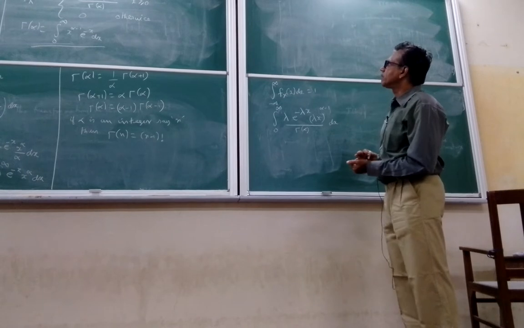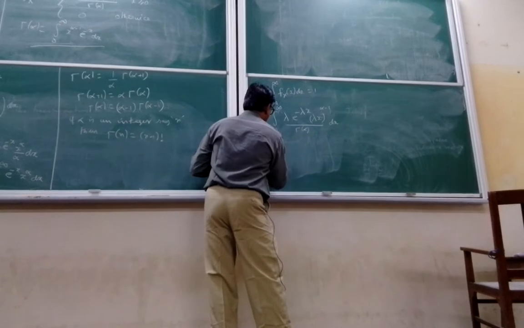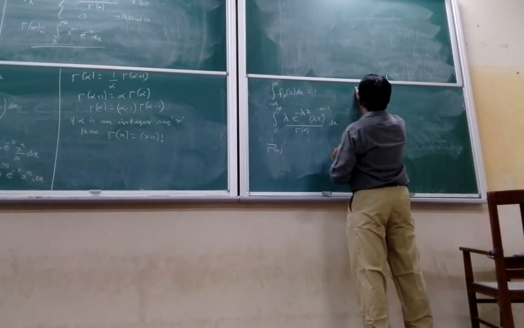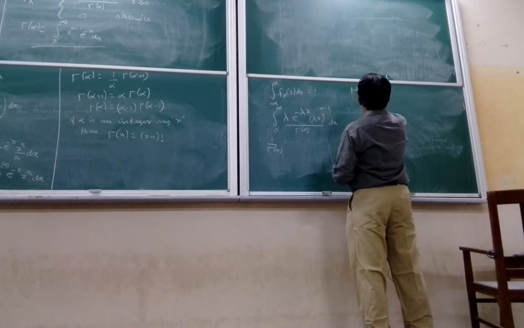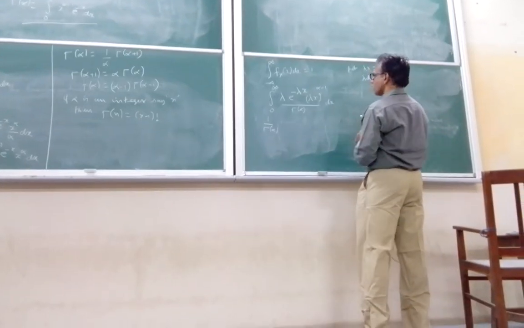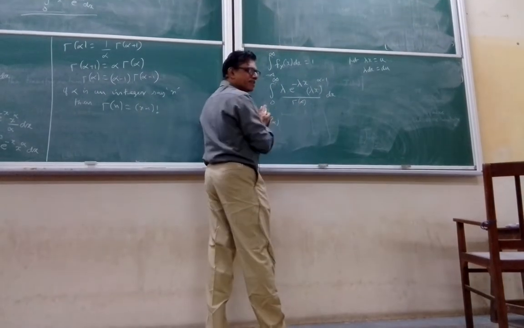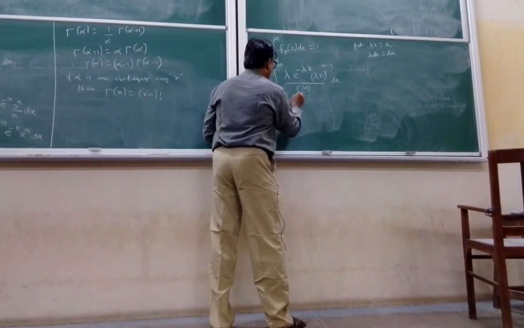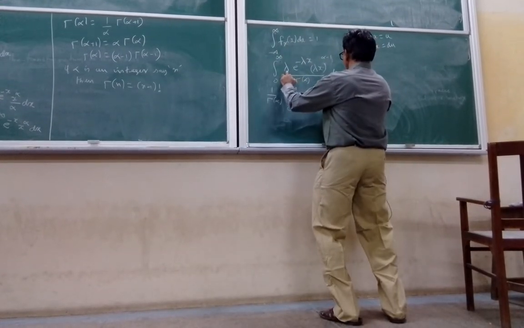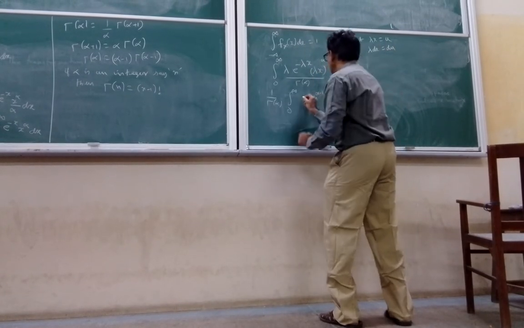We will evaluate that. Okay. So we will take this one outside, it's a constant, and then if you use the substitution, lambda into dx is du, lambda x is u, u power alpha minus 1, and this is e power of minus u.